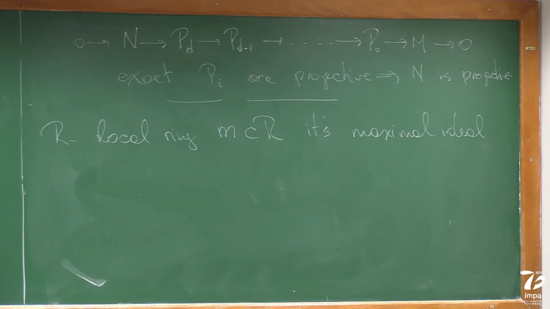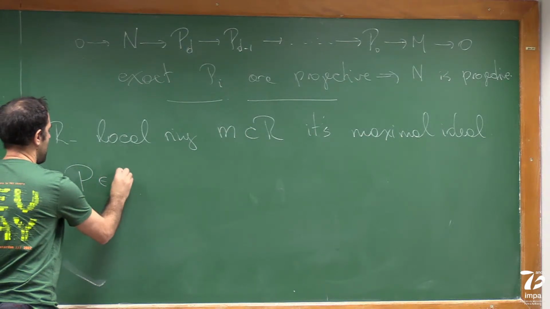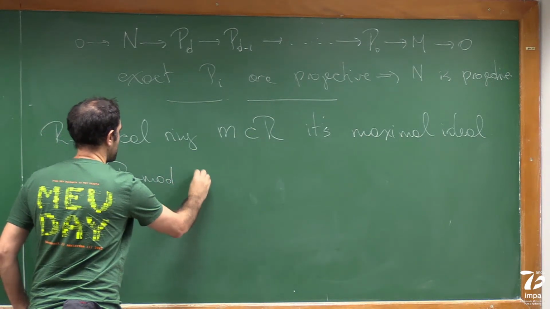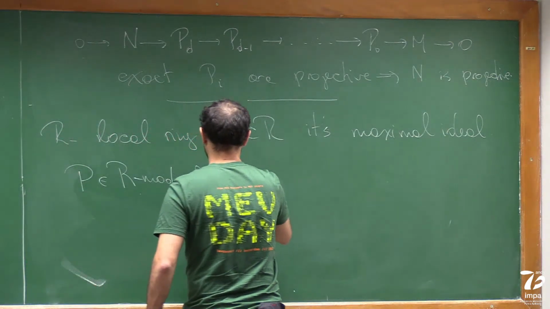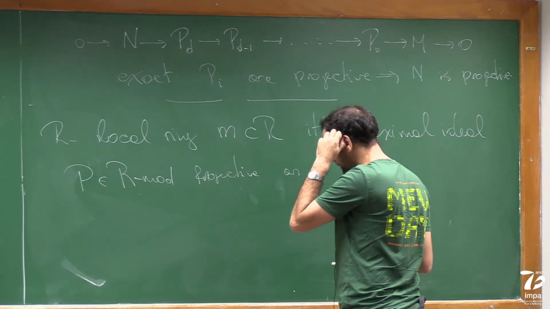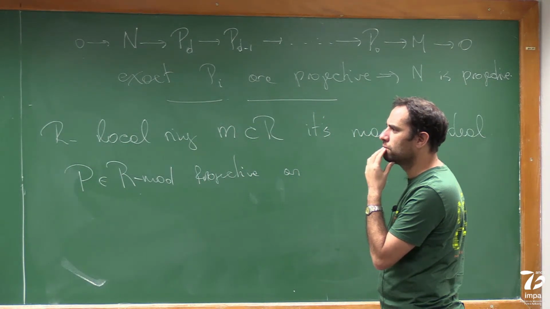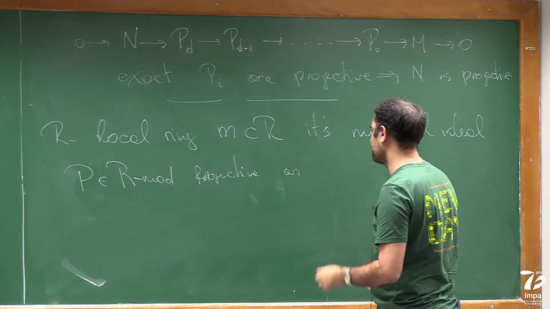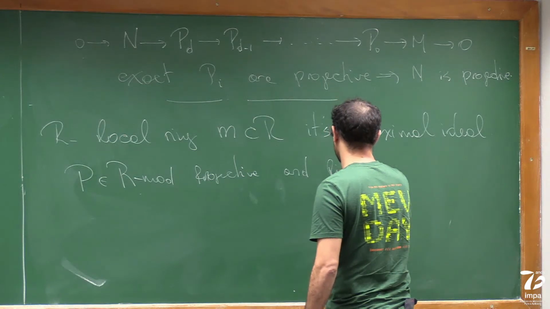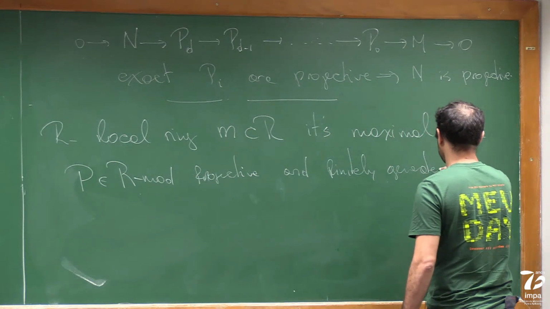What did I prove last time? I proved that if you have an R-module P which is projective and finitely generated, then it was free.